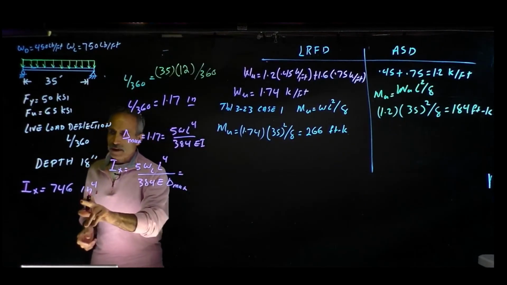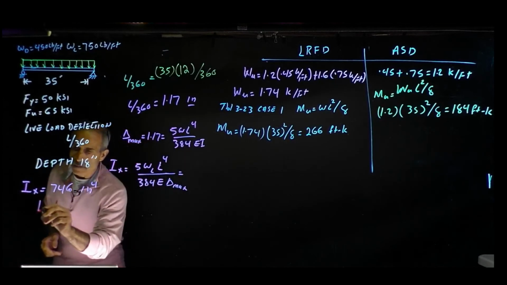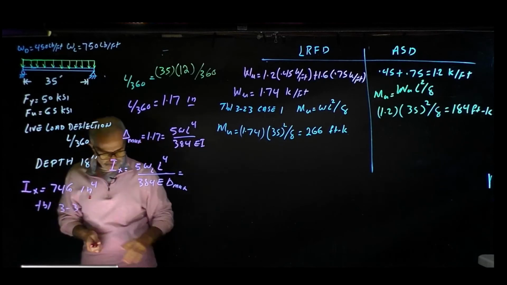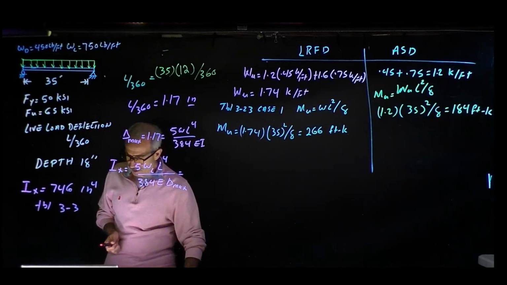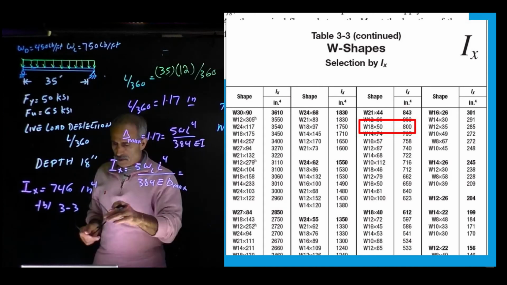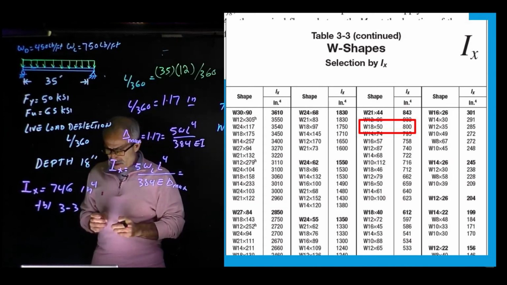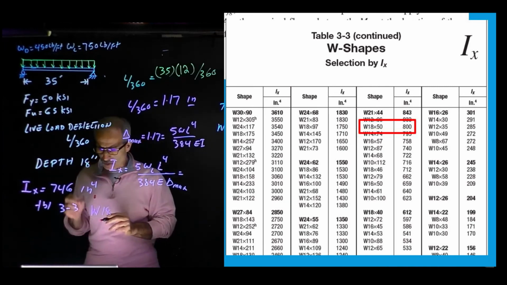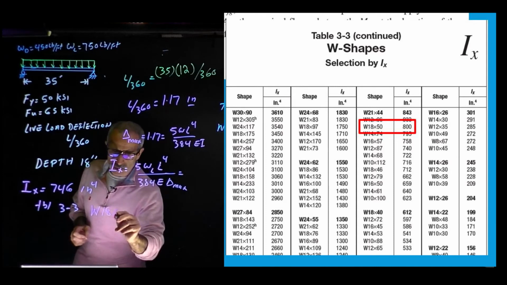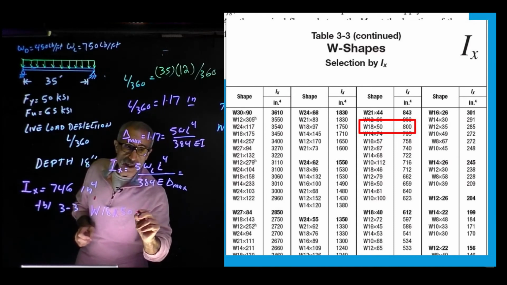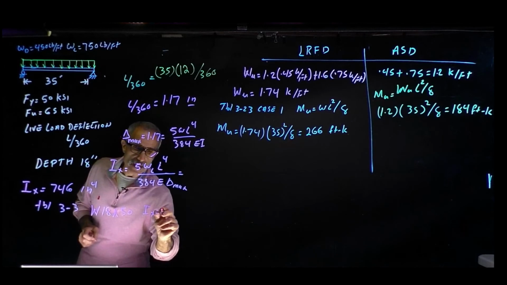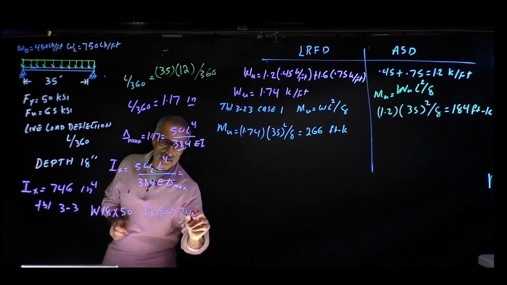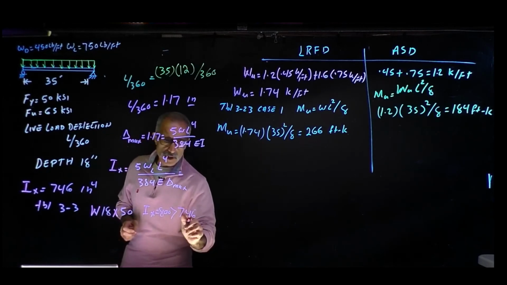Now if you go to table 3-3, from Ix we can pick out our W18, because we limit it to 18 inch. We can pick out W18 by 50, which has an Ix of 800, and that's more than 746 inch to the power 4.